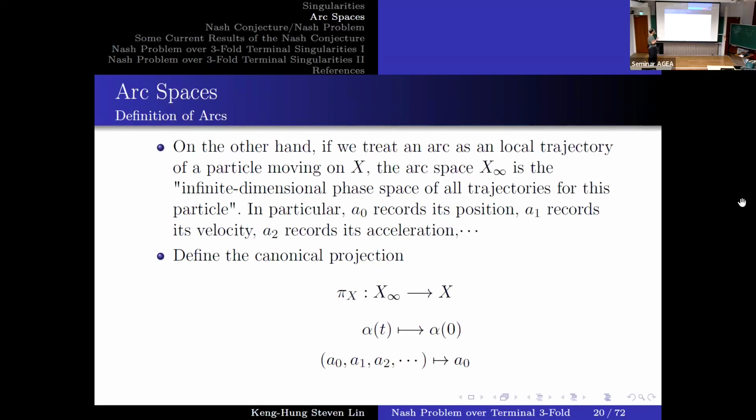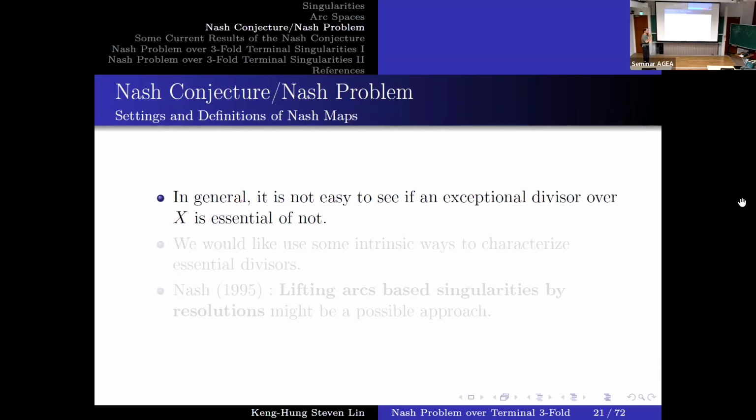Next conjecture, next problem. We finished looking at essential divisors and arc spaces, so right now we can try to formulate the next problem. As I mentioned before, given a singularity, essential divisors play the role of birational information for such a singularity.